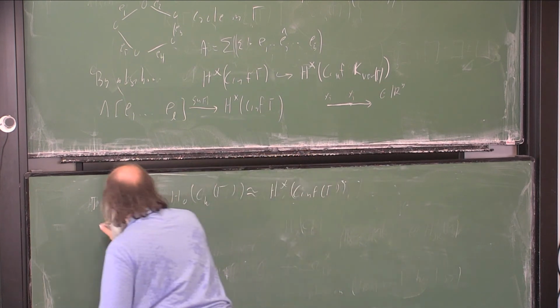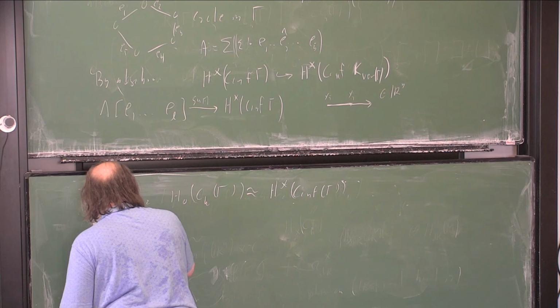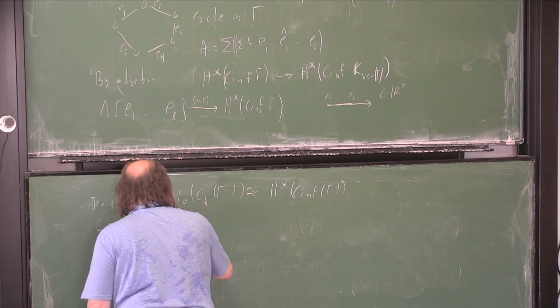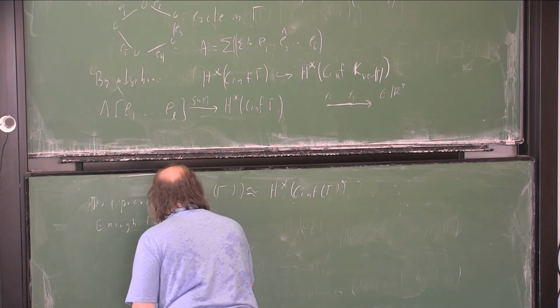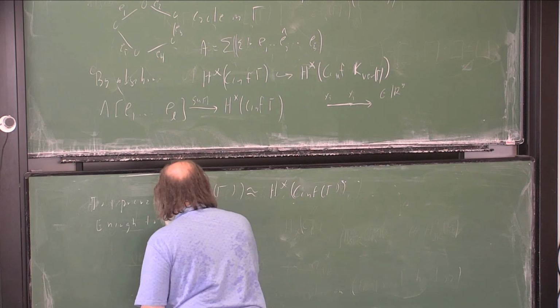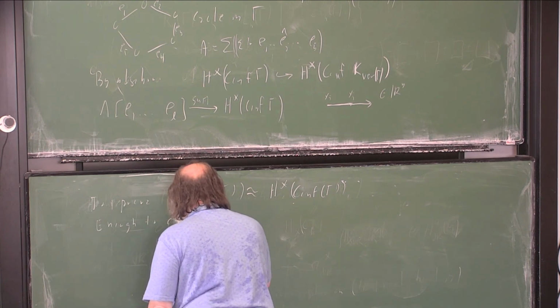It's enough to check that you have a map from lambda E1 to EL.